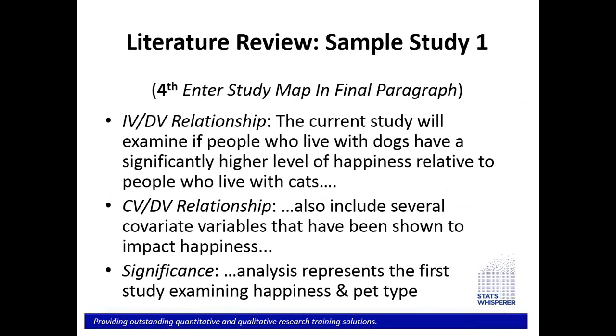We also mention our covariate variables. Also included are the covariate variables that have been shown to impact happiness, such as education and income. And then we have the last statement of significance, the last sentence within the literature review: this analysis represents the first study examining an analysis of happiness by pet type.